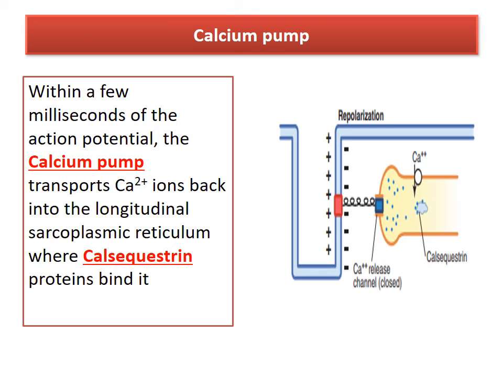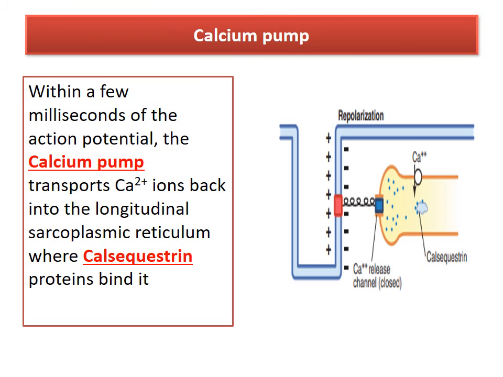Within a few milliseconds of the action potential, the calcium pump transports calcium ions back into the longitudinal sarcoplasmic reticulum, where a special protein, calsequestrin, binds it. Here you can see after depolarization, the ryanodine calcium channels are closed, and calsequestrin proteins bind the calcium ions.